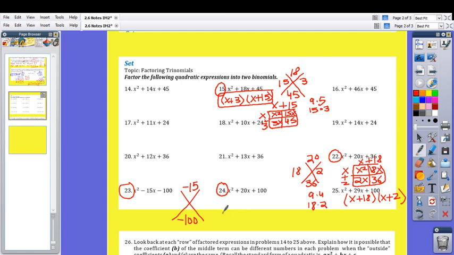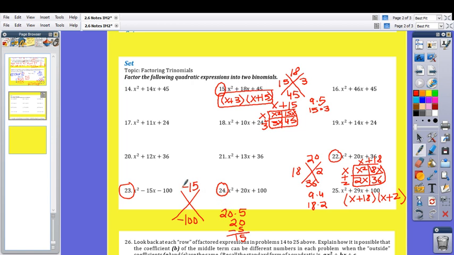If we do 20 times 5, that gives you 100, and if you add them you get 25, but if we do 20 take away 5, that gives you 15. Okay, but also one of them has to be negative.